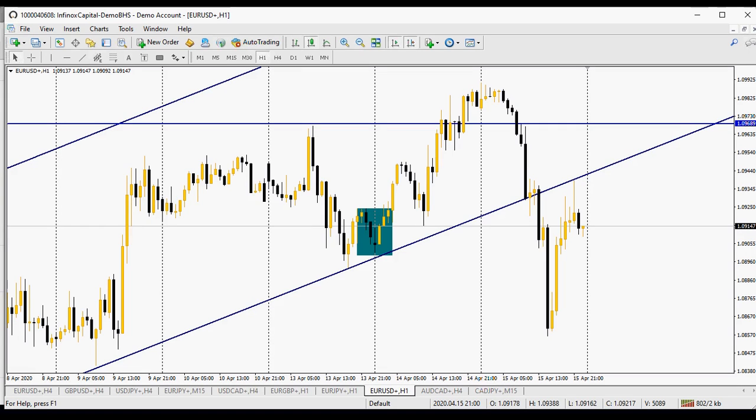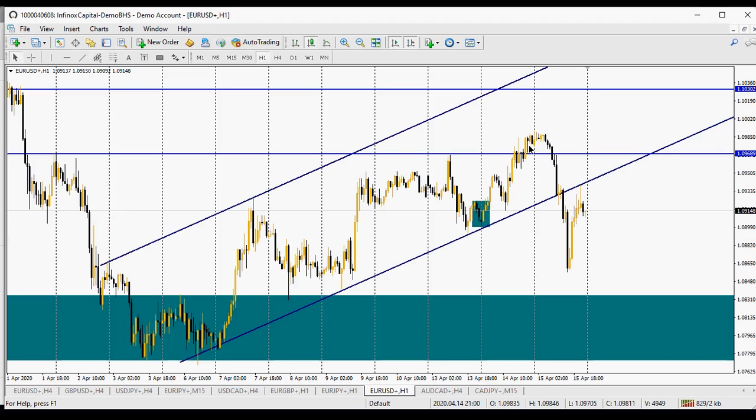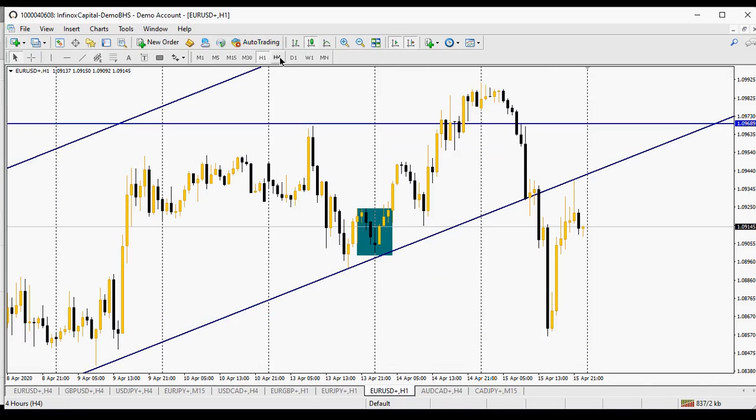So now I have a lower low, which means the uptrend pattern is no more. On a normal day, we're supposed to have a higher low and then continue up. But now this pattern has been disrupted and the market is going down. So the orientation has changed.